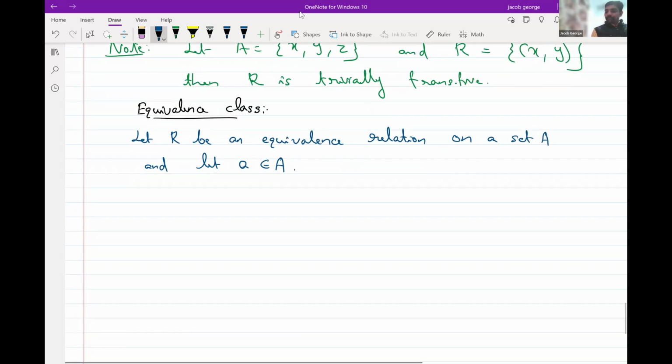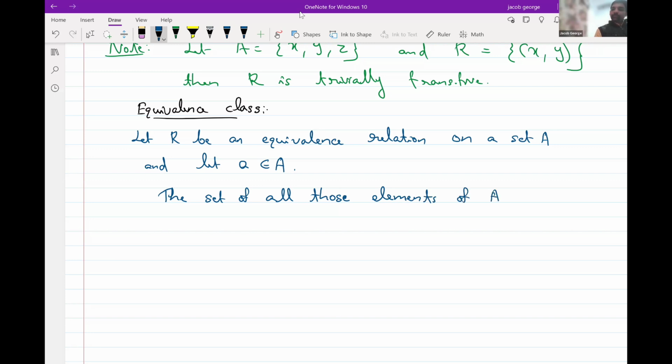The set of all those elements of A which are related to small letter a.